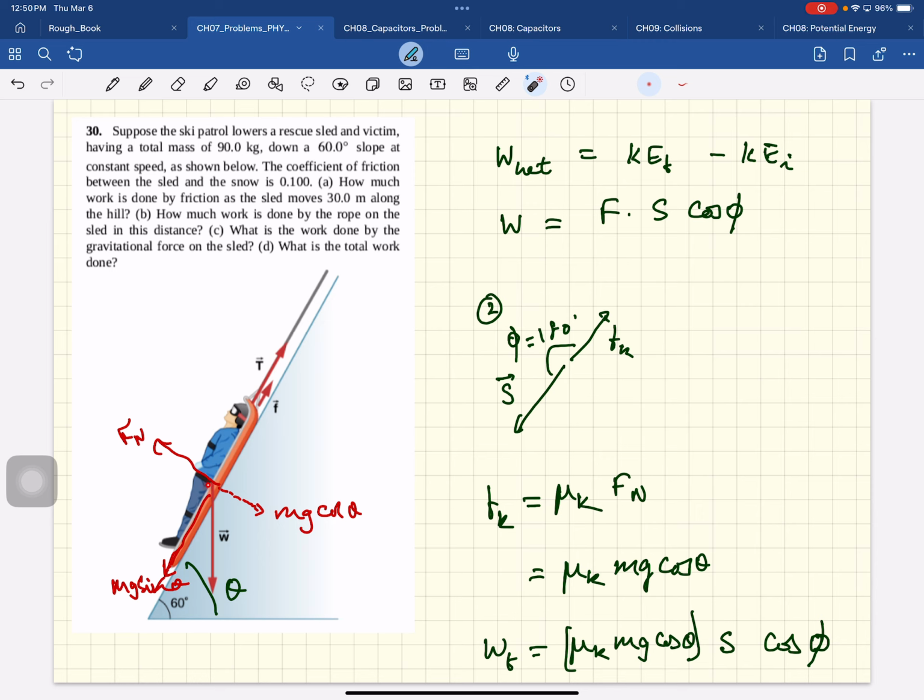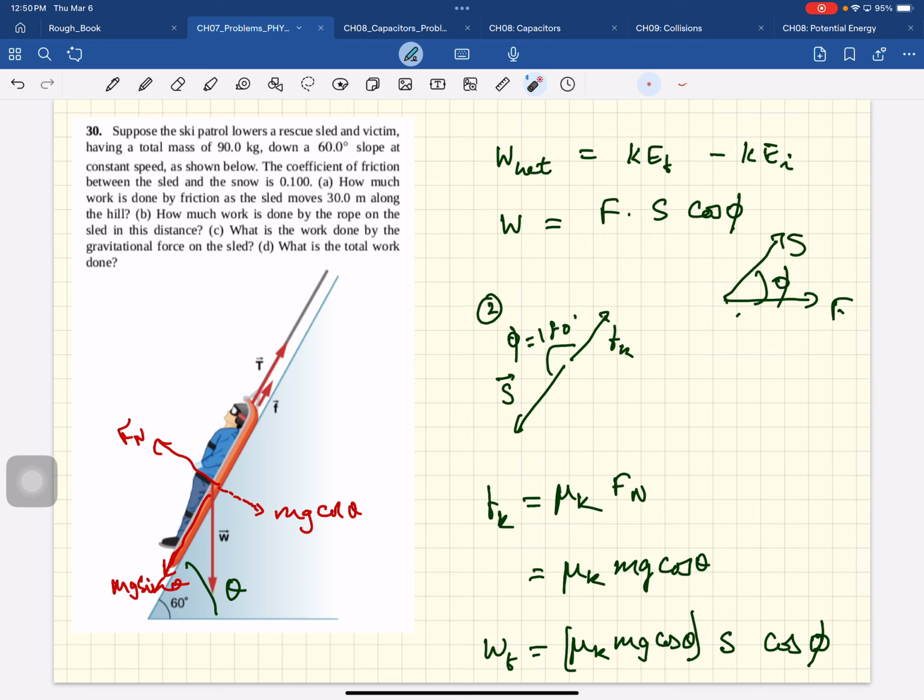What is the work done by this guy? I didn't calculate that. The work done by any force is the magnitude of the force times the displacement times the cosine of the angle between the force and the displacement. Zero. Very good. This angle was 90 degrees, so that's why it does 0. Normal force always does 0.